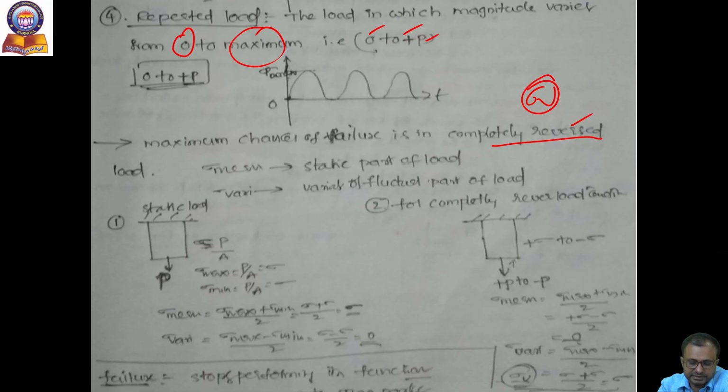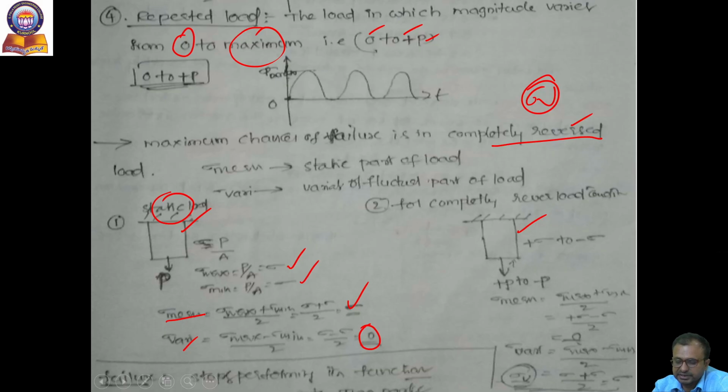Next, here we see static load and completely reversed load. In the static load case, sigma max is plus and sigma min is also plus. So in that case, mean stress is sigma and variable stress is 0. That's why only mean stress contributes to the static load.